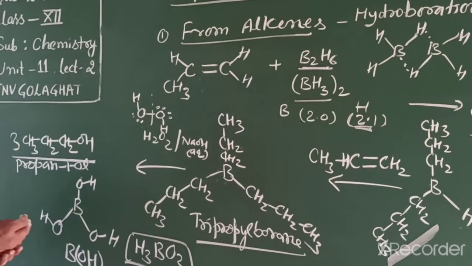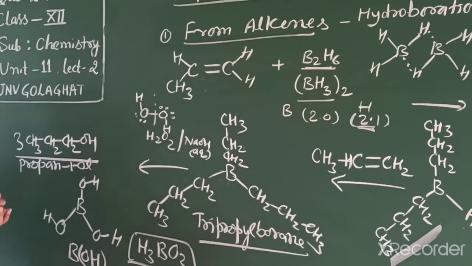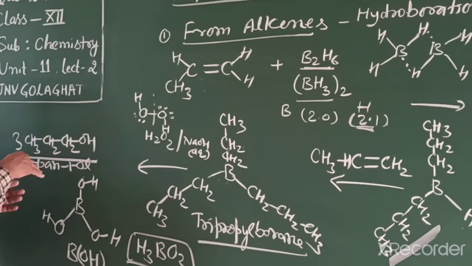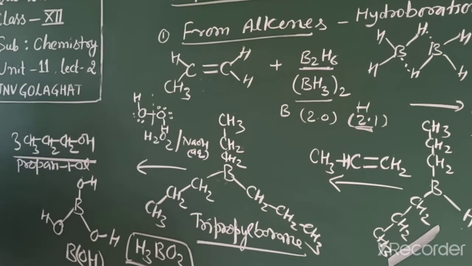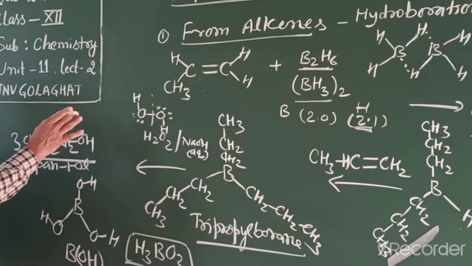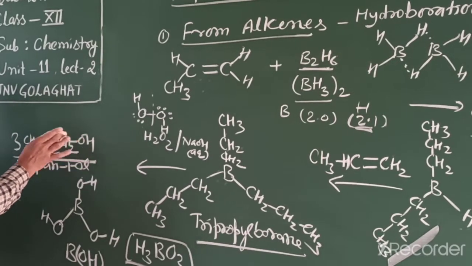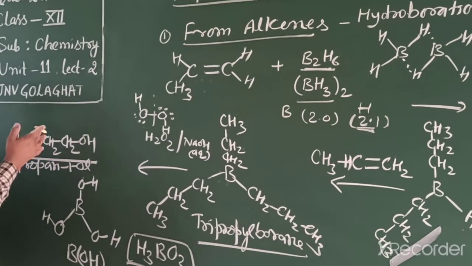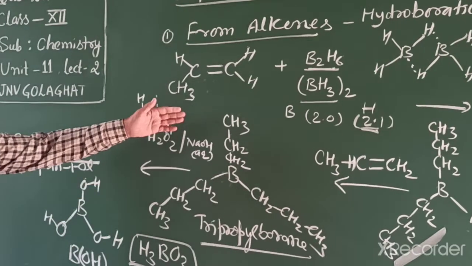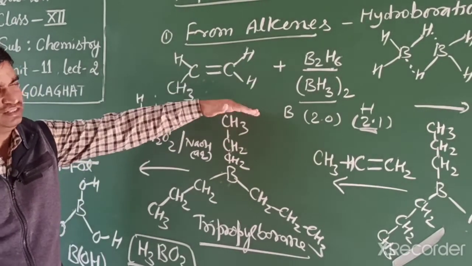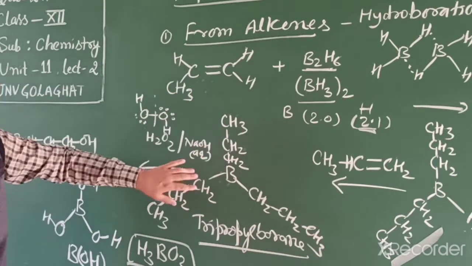Or we can say overall addition of a water molecule according to anti-Markovnikov rule. In Markovnikov rule, OH gets attached to the carbon having fewer hydrogens, but in this reaction first hydroboration occurs, and further oxidation.